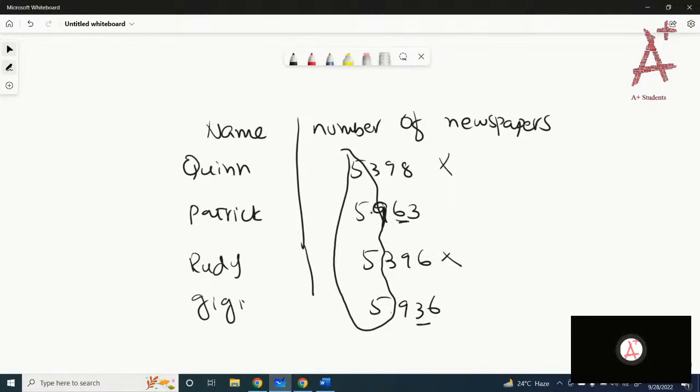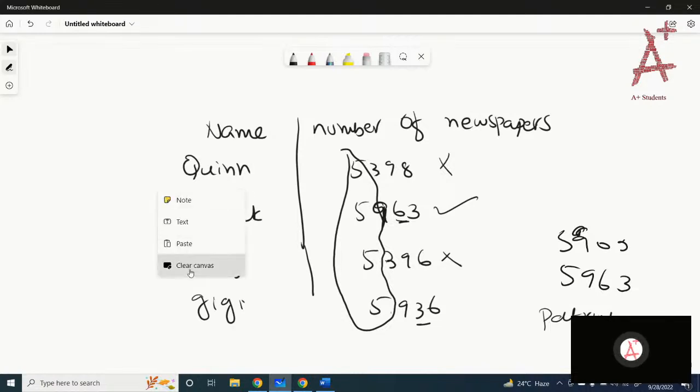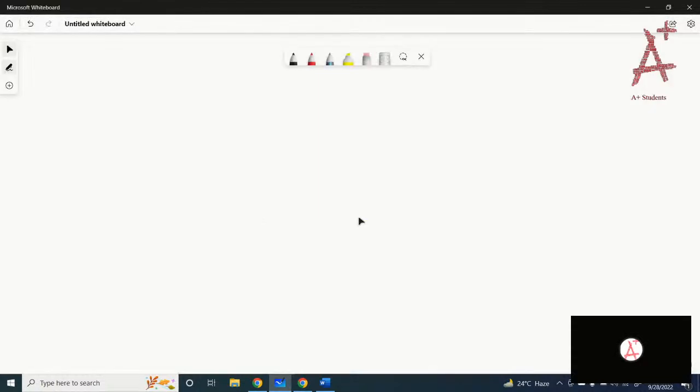So here you have 6 and here you have 3. So 6 is greater than 3, that means the greatest one is 5,963. That means Patrick collected the most newspapers. Got it?